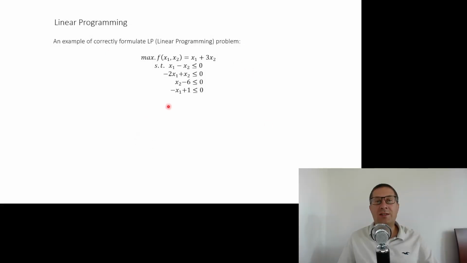Here you can see the example of the proper formulation of an optimization task. Our goal is to maximize the function f of x1 and x2, which is x1 plus 3x2.